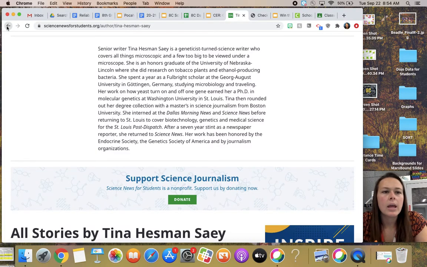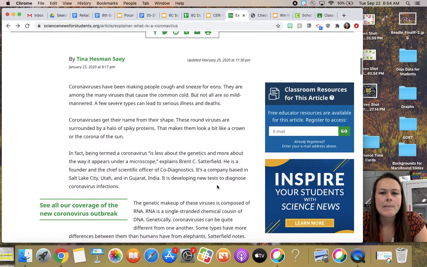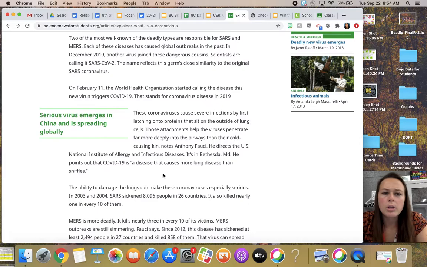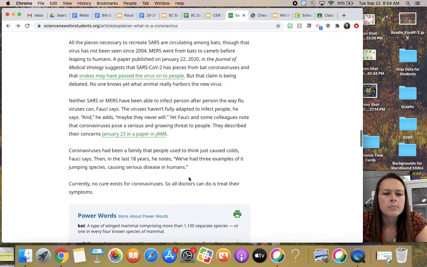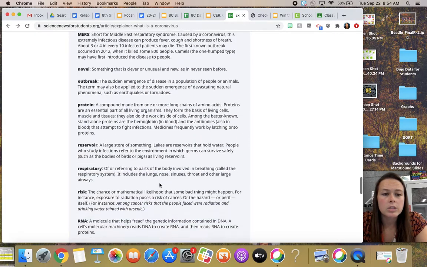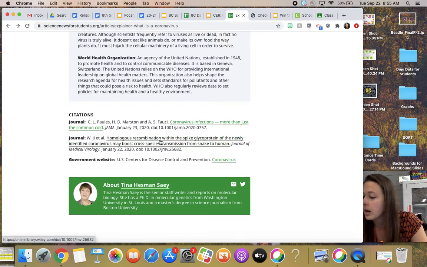Evidence that it went through a review process. So let's go back to the article. So let's see, what do we have? I'm seeing some pull-out quotes. I see power words out here, so words that might be important for us to know with definitions. Ooh, I see citations, that's coming out there.